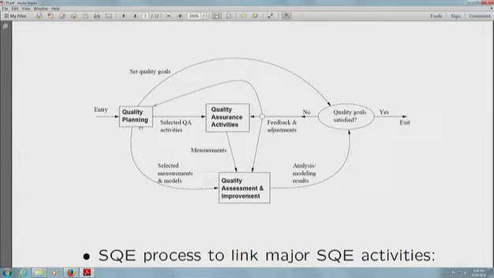In the planning part, essentially there are 3 things you need to do, represented by the 3 outgoing links. The first one is that you need to set your overall quality goal, as part of the product you are developing.